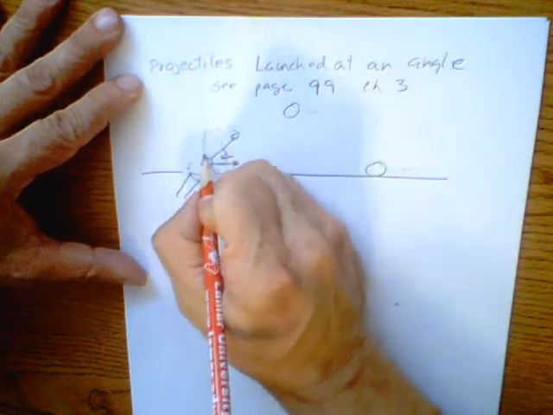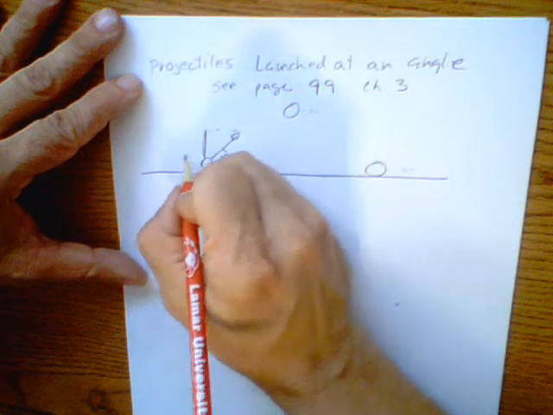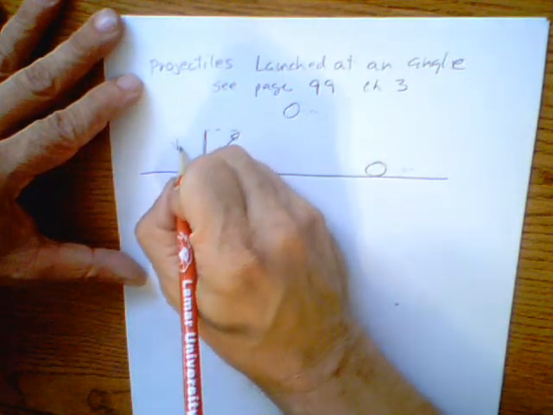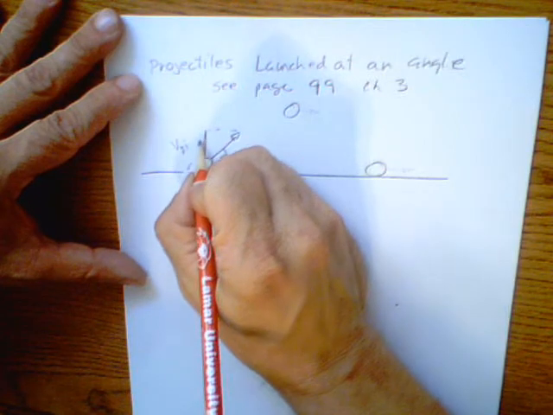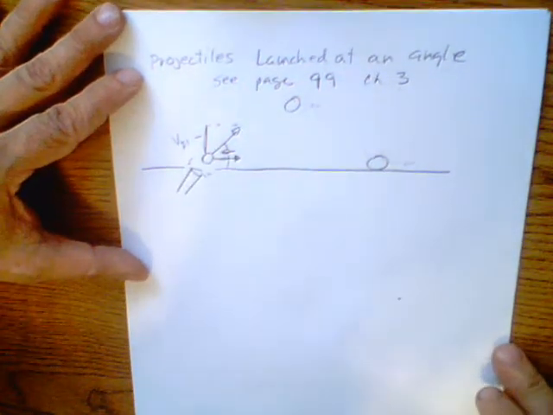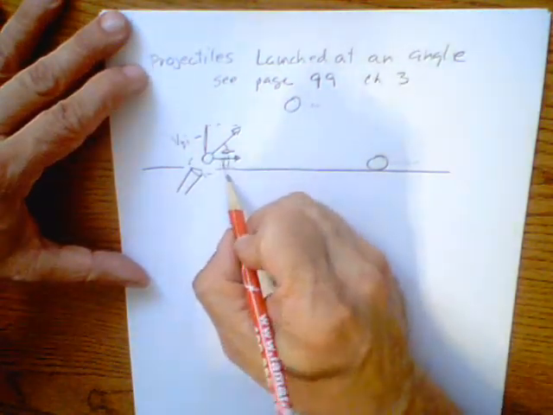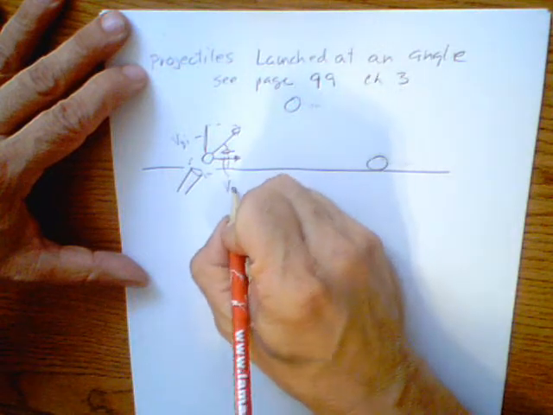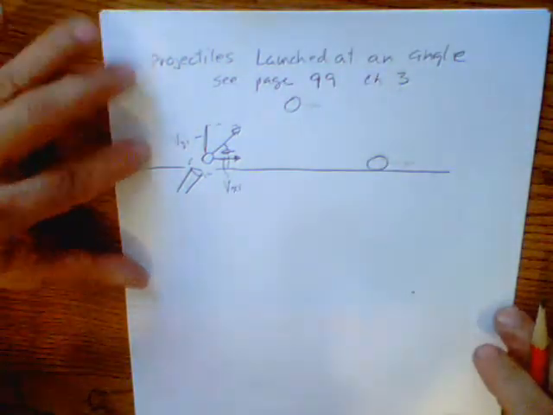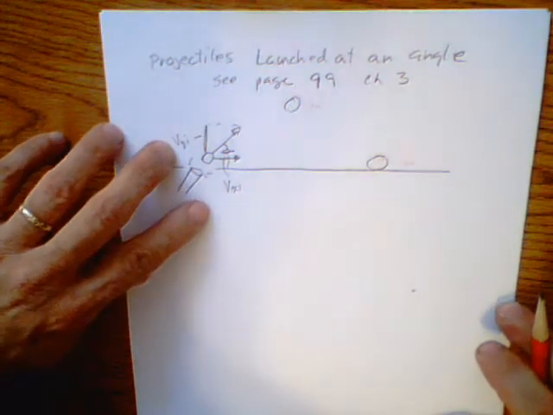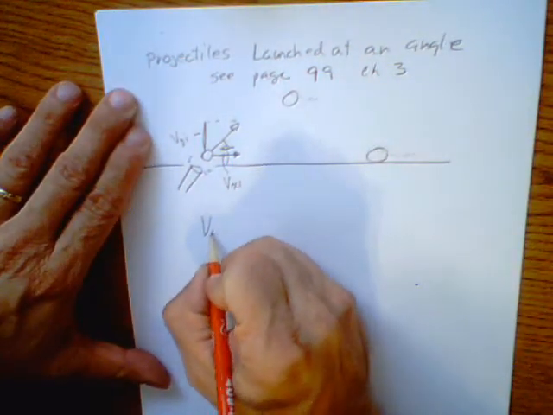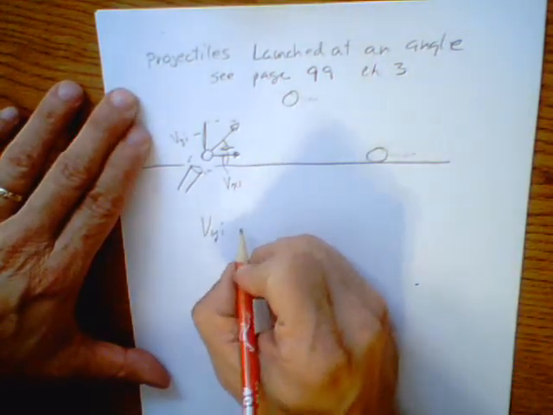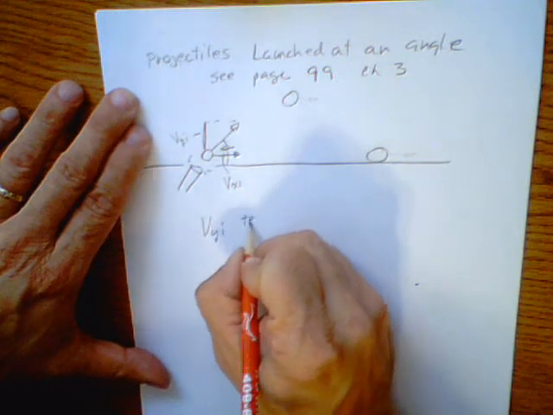What you'll have to do is resolve the y component, which would be vy initial. You'll have to derive that y component, and you'll also have to find the vx initial. The reason those two are important is because you need the vy initial in order to determine, well, let me just write it.